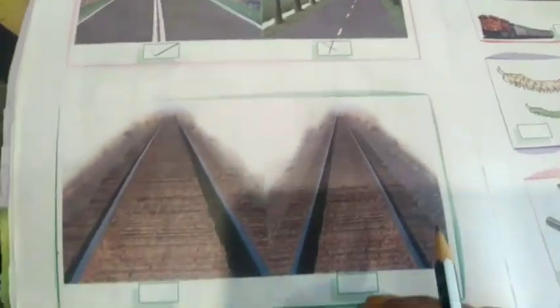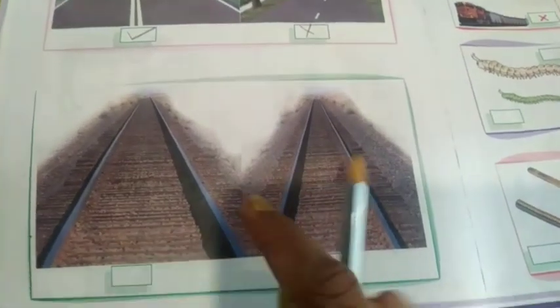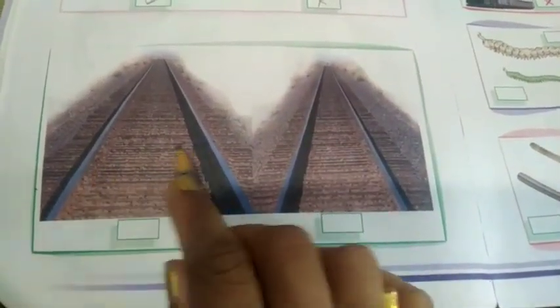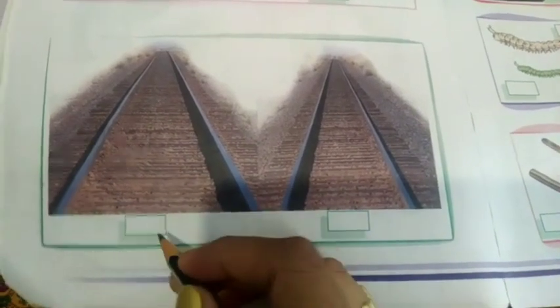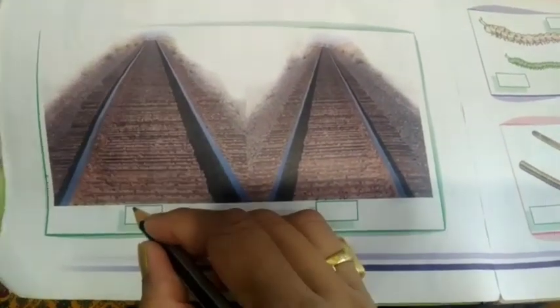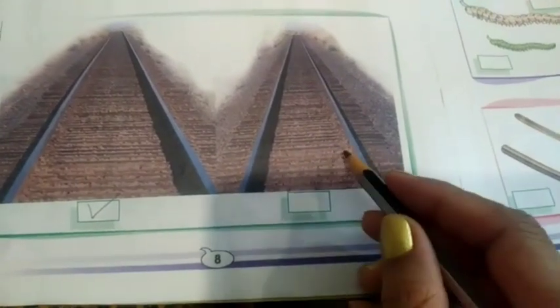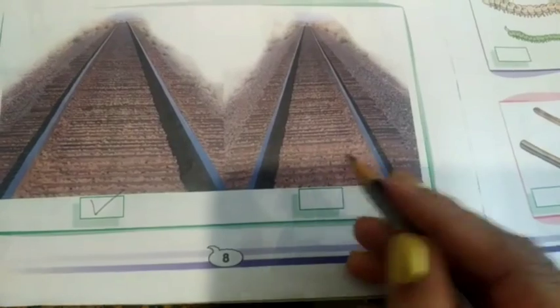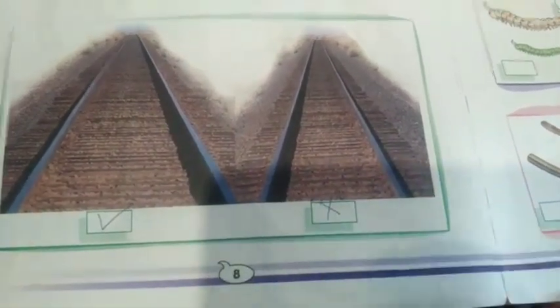Okay? Next. See the railway tracks? Here the sides are not closer, so this is wider. Tick it. Here the sides are closer, so this is narrower. Cross it. Understood?